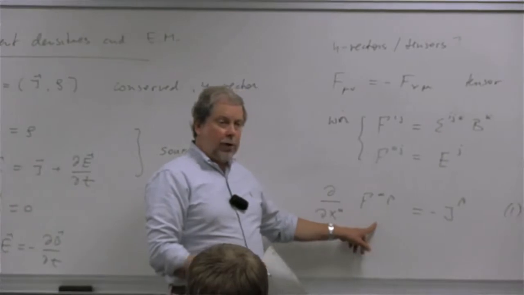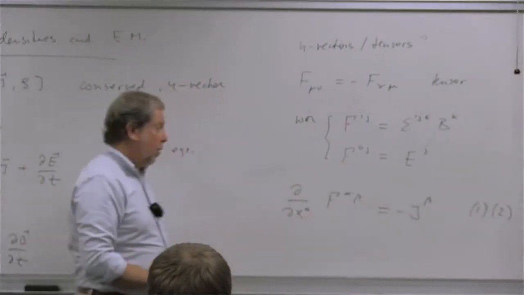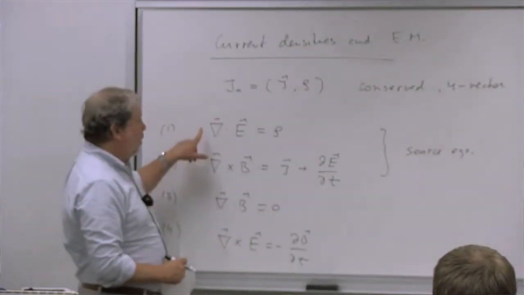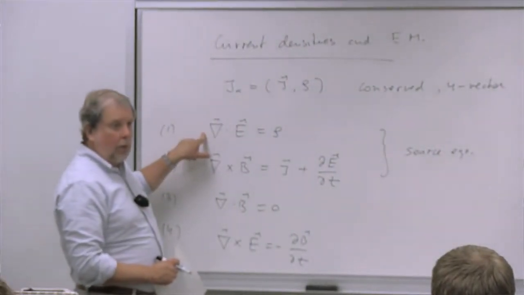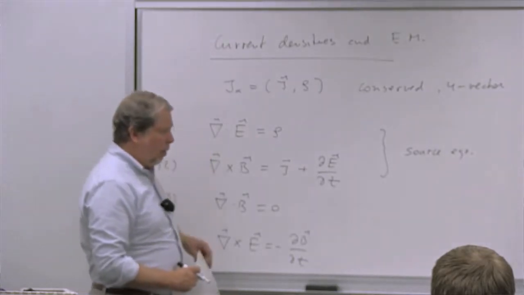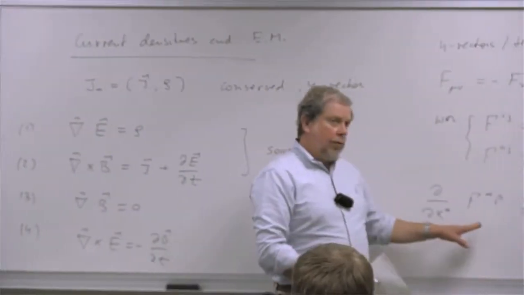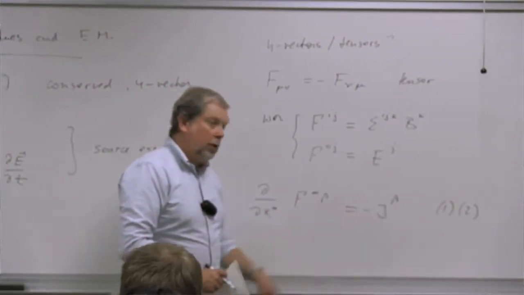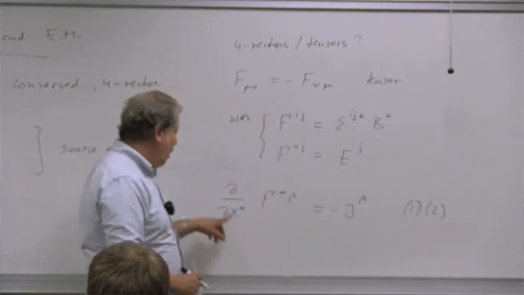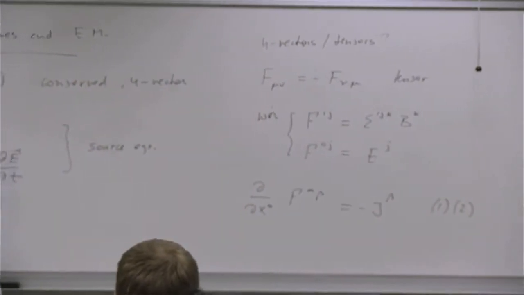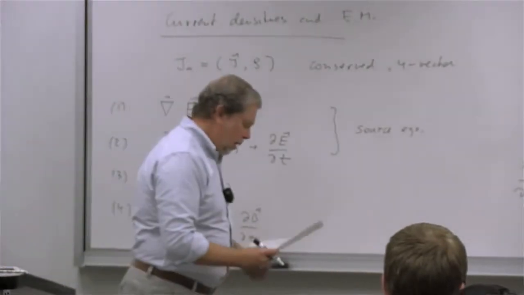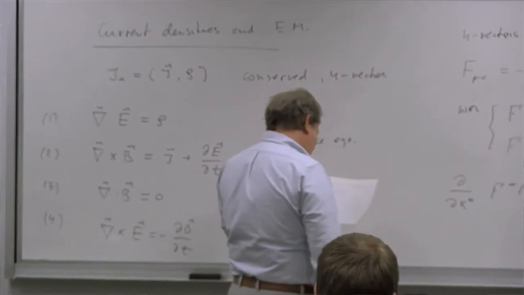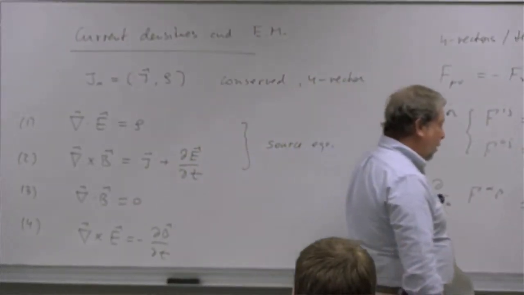In other words, you take for this F these various components, and you can see that you either reproduce this equation when you have the i and j components, or you reproduce this one when we have the naught and j components. So that equation, of course, looks rather nice because it involves on this side a 4-vector, and it involves the d by dx alpha, which we know is also a naturally covariant 4-vector as well.